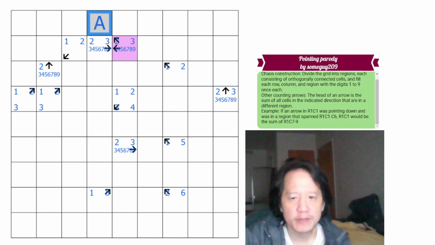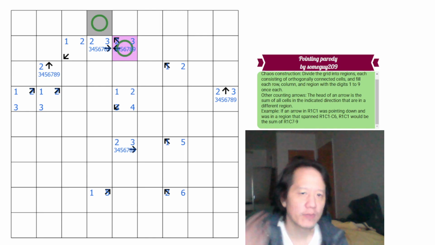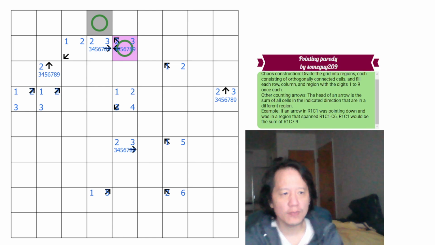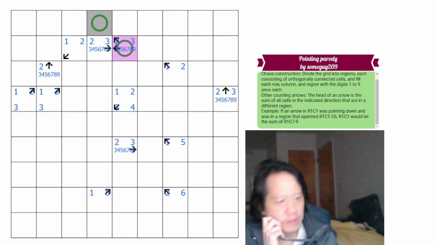Okay, let's not make this A. I guess it's just easier to make colors.